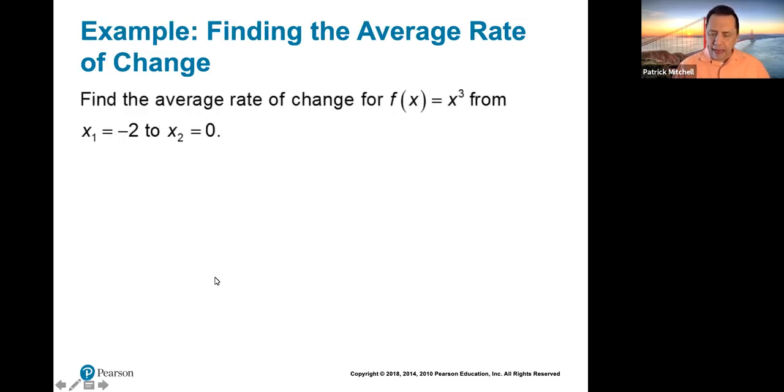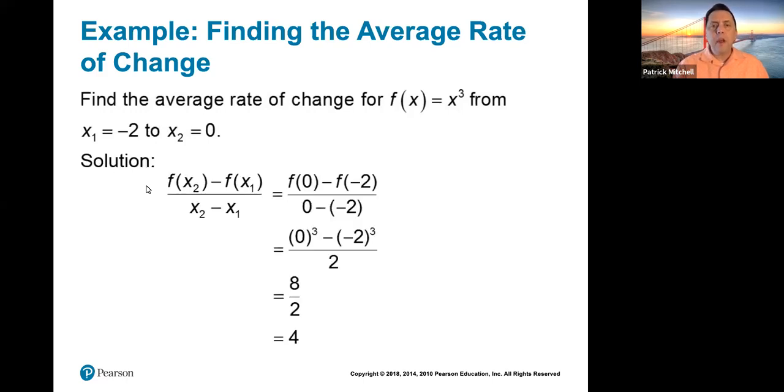They want us to find the average rate of change for f of x equals x cubed from x1 equals -2 to x2 equals 0. So using the formula, f of x2 minus f of x1 divided by x2 minus x1, replacing x1 with -2 and replacing x2 with 0, you get f of 0 minus f of -2 divided by 0 minus -2.